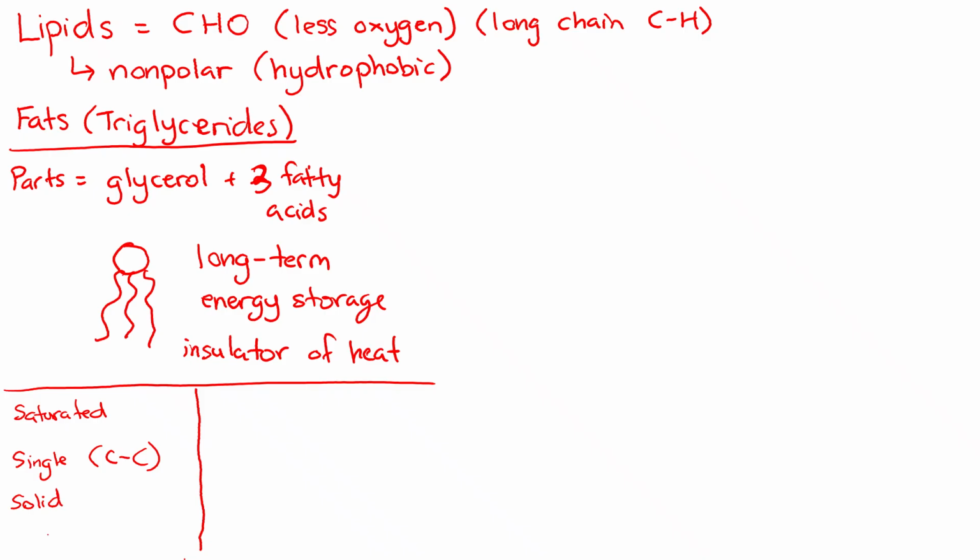Their structure is a straight line that you can see here. They can stack on top of each other, forming a solid. So the 3S. If you remember the 3S, you'll automatically know the opposite, which is unsaturated.